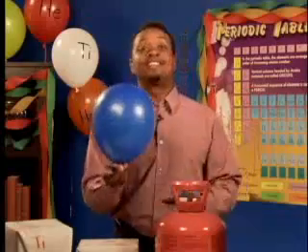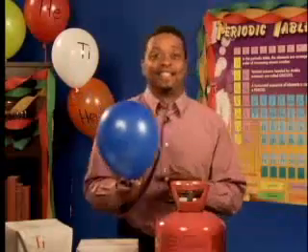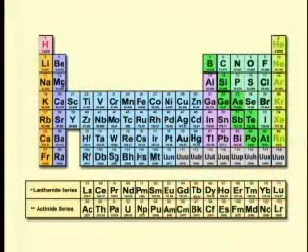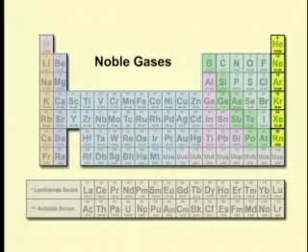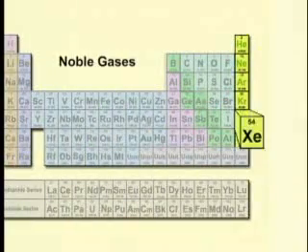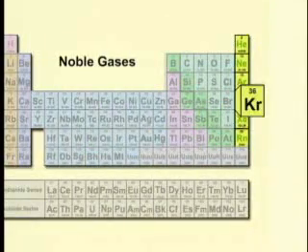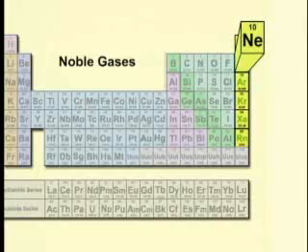By the way, I should mention that one element that's playing a key role in this party preparation is element number 2, helium. It's what's inside all of these balloons. Helium is a member of a family of elements that can be found on the far right column of the periodic table, column 18. This family is called the noble gases, and it includes radon, xenon, krypton, argon, and neon.